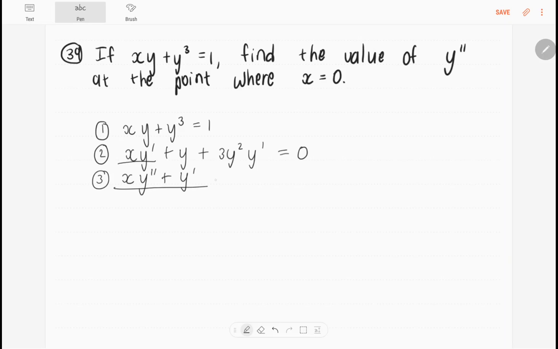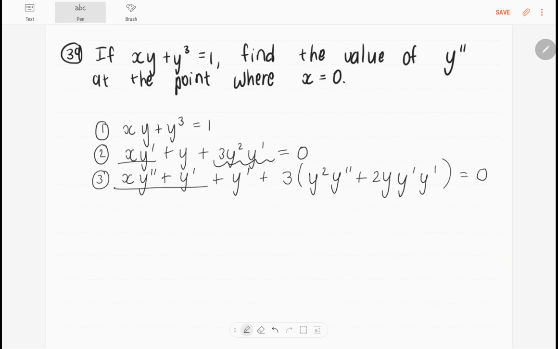Then I have the derivative of just y, which is y prime. And then I have another product. I'm just going to write 3 in front there. And then it's going to be the first times the derivative of the second plus the derivative of the first, which will be 2y. I'm not done. Multiplied by y prime. And then multiplied by that y prime.